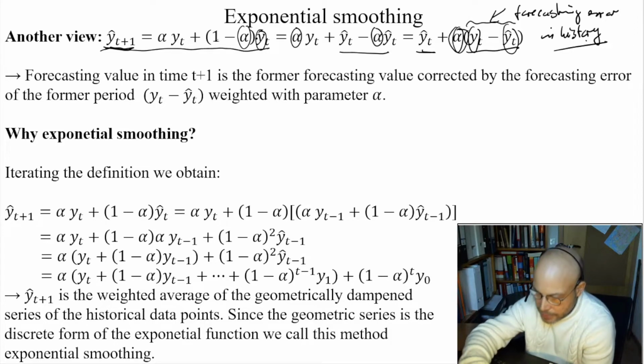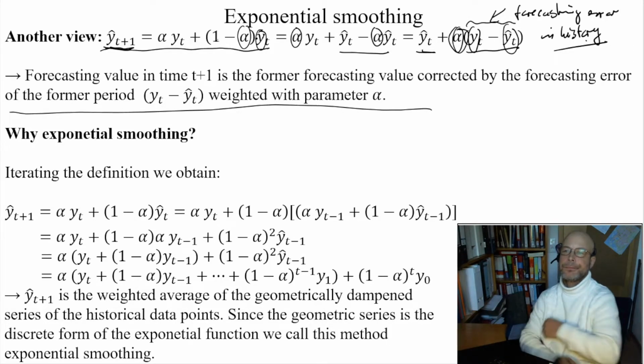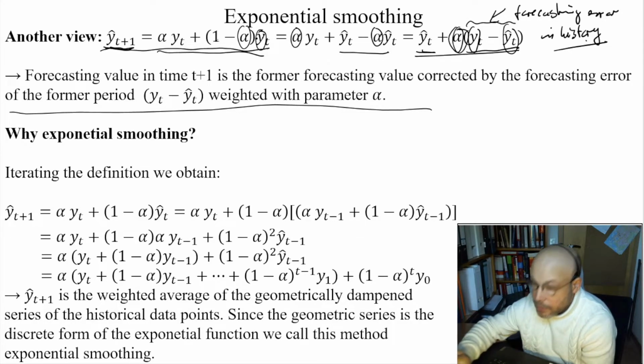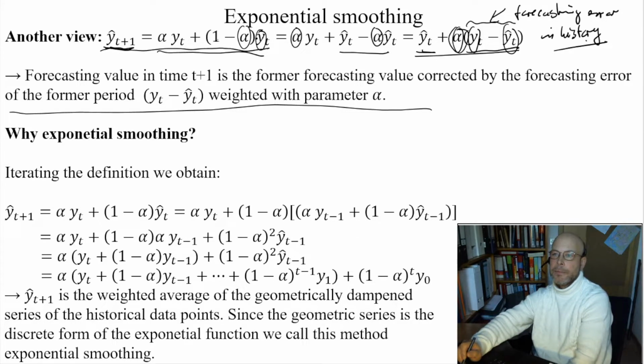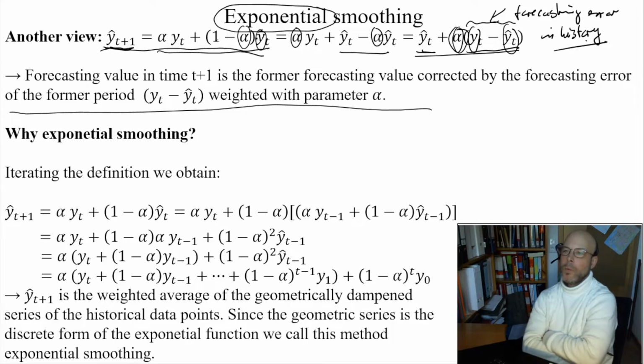And this I've written down here. And quite often in lectures, we give you only this definition or that definition of exponential smoothing. And maybe you ask yourself, why are we calling this method exponential smoothing?